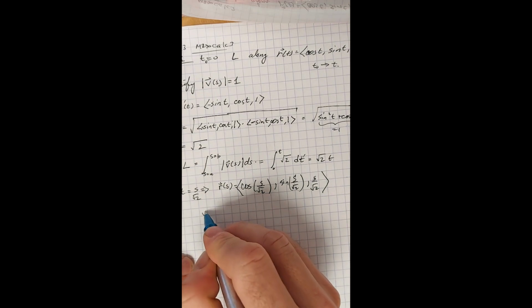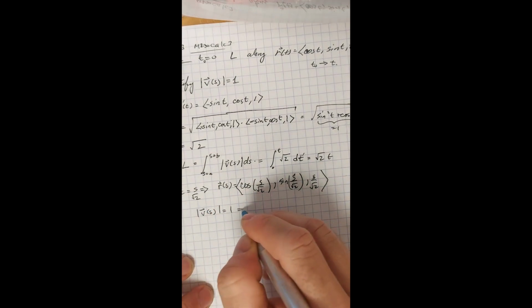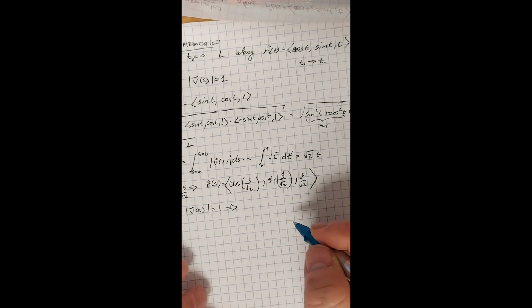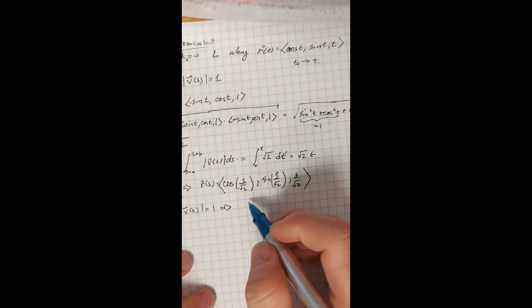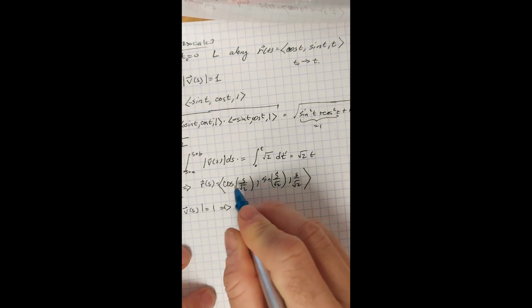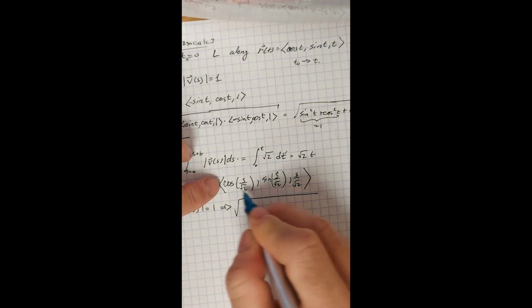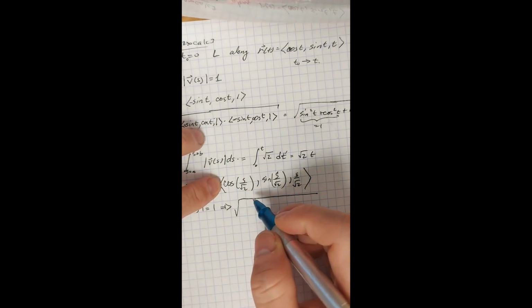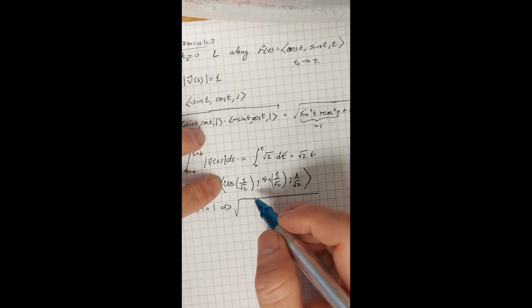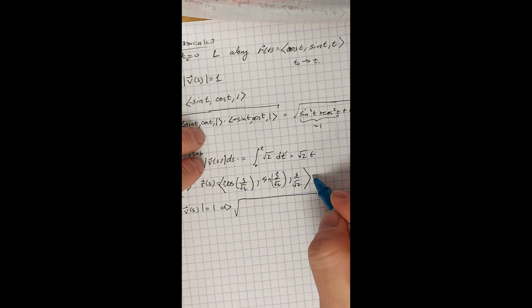So v of s equal to 1 implies that we take the dot product of these together. I need to take the derivative of this first, so maybe I should do that in 2 steps.